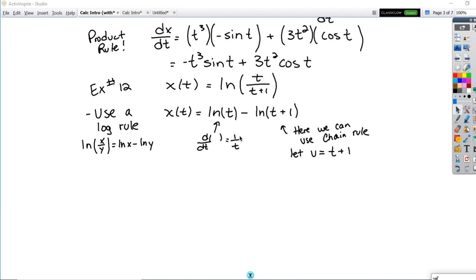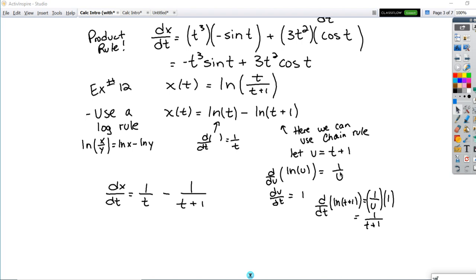And so now for each of these we just take its derivative. This one's easy, because this is just the natural log definition. The derivative of natural log of anything is 1 over that thing. So it's 1 over t. This one, we'd have to use the chain rule, because we know what this derivative is, but this derivative is slightly different. So we let u equal t plus 1, so that the derivative of ln u is 1 over u. And then we have to take the derivative of t plus 1, which is just 1.